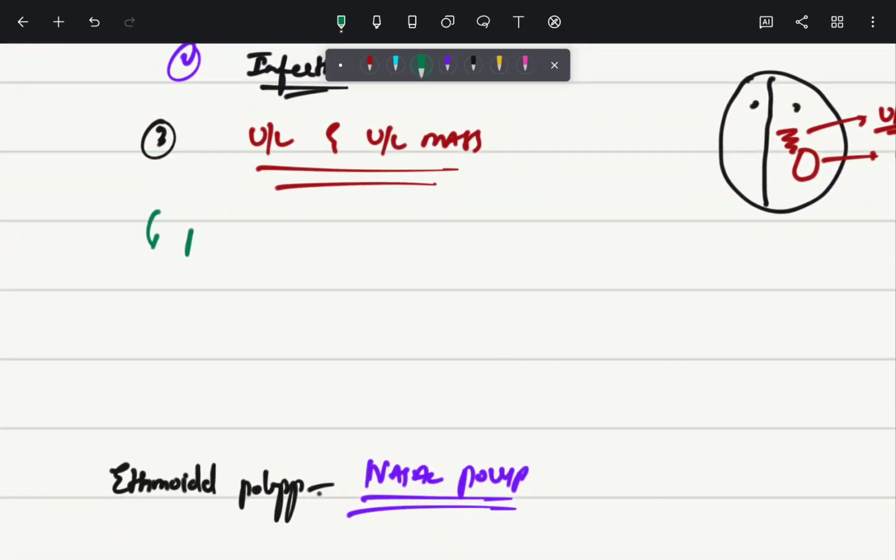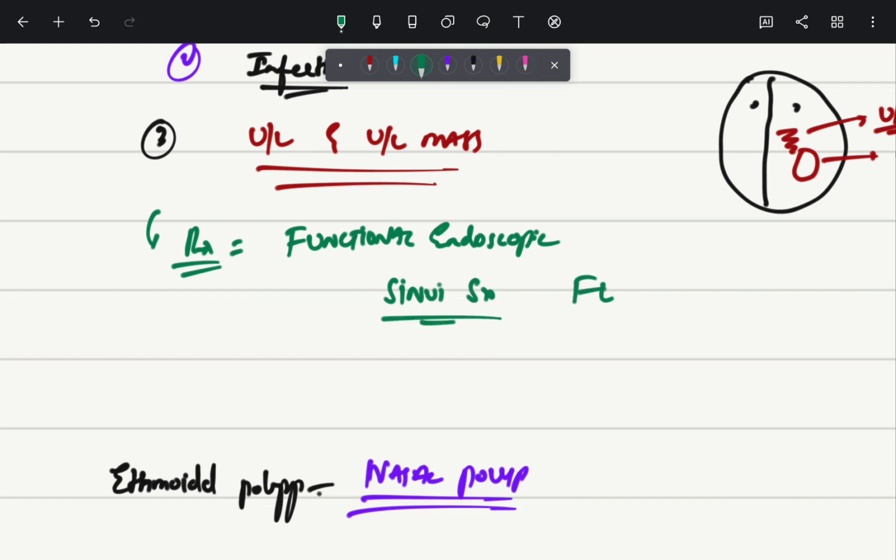The treatment for this is surgery called functional endoscopic sinus surgery, or FESS. In antrochoanal polyp, we usually prefer FESS, which is called your functional endoscopic sinus surgery.